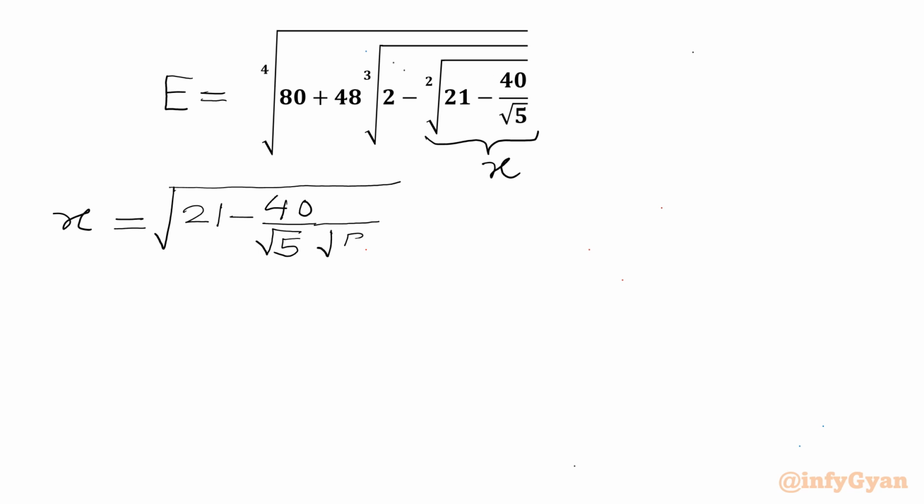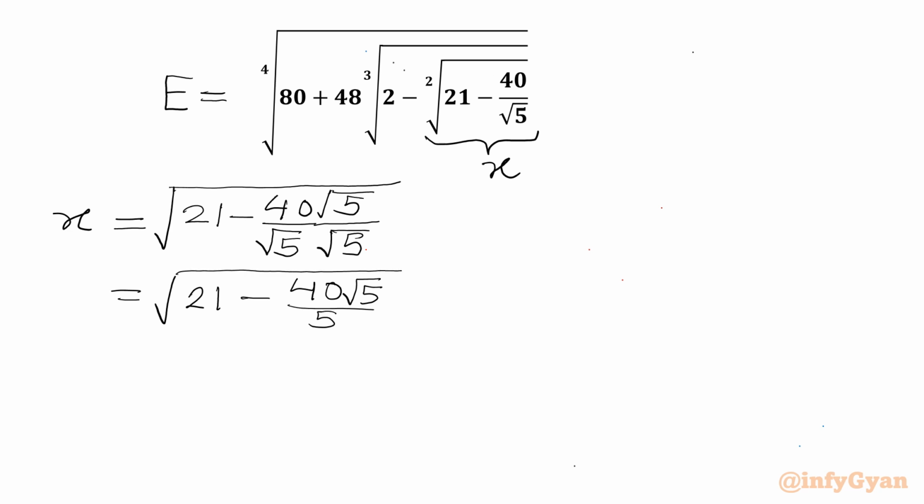So I need to multiply here with root 5, and in the numerator also. Now I can write the square root of 21 minus 40 root 5 over 5. So 40 over 5 is 8, so we can write 21 minus 8 root 5.